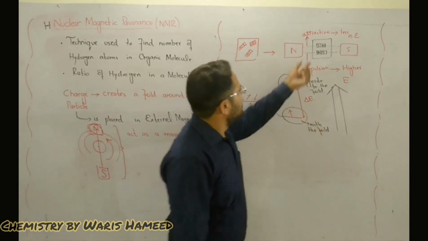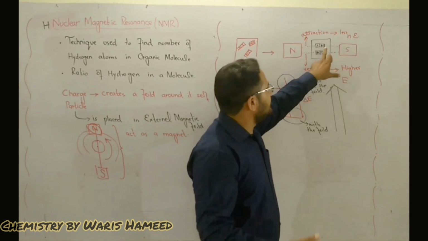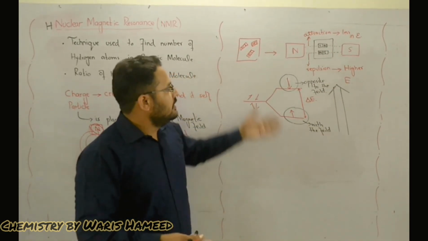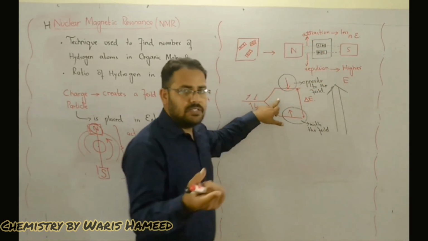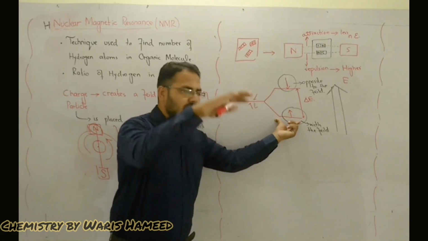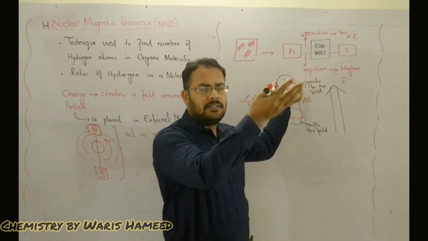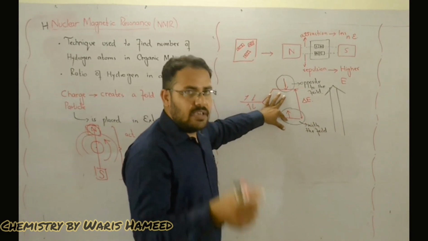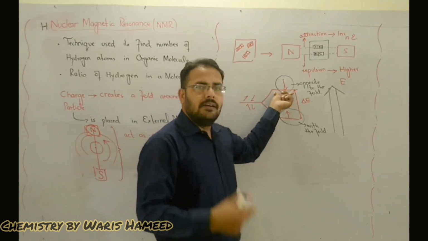Some will orient with the field and some opposite to the field, and this makes two types of energy levels. The first level has lower energy and the second has higher energy.